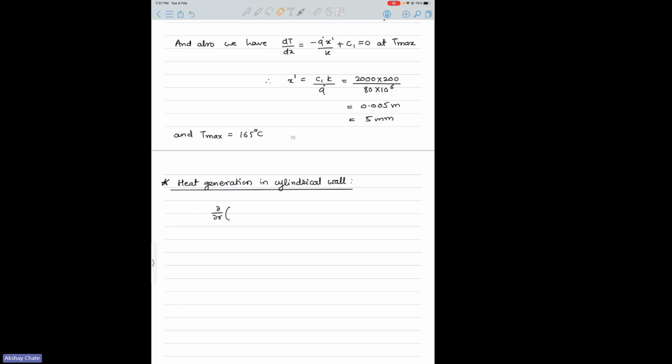So you get del by del r of r del T by del r plus this heat generation term, and this r by k factor multiplies here. So this is how your governing equation becomes, and your r belongs in a range from 0 to R, or whatever it is, depends on the problem.